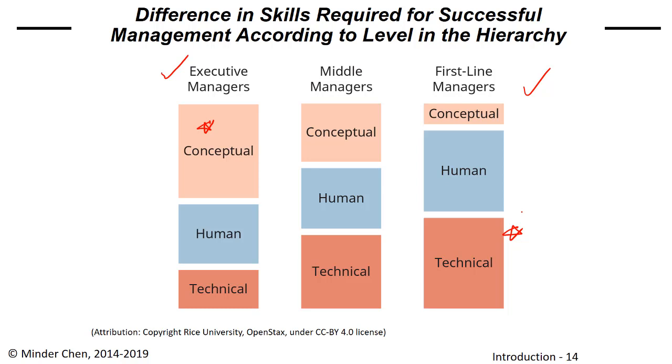But when you move up, the conceptual skill becomes more important, and at the entry level, your technical skill is very important. Keep that in mind. You certainly want to develop the conceptual skill, but if you're looking for an entry-level job, it's probably the technical skill that gets you that position.